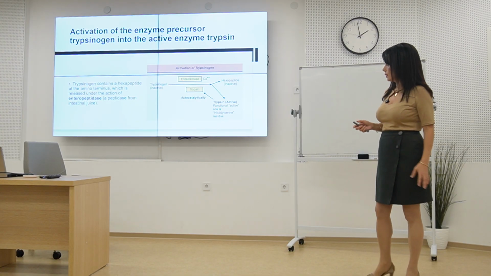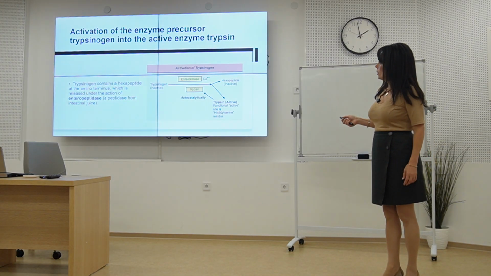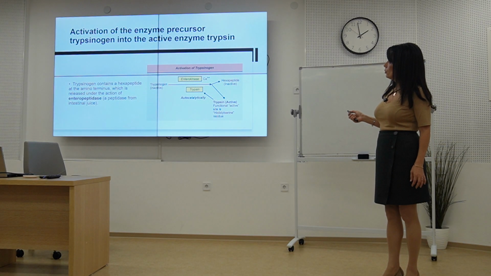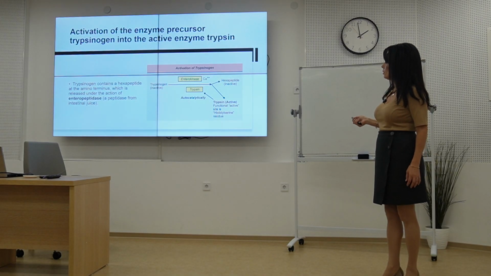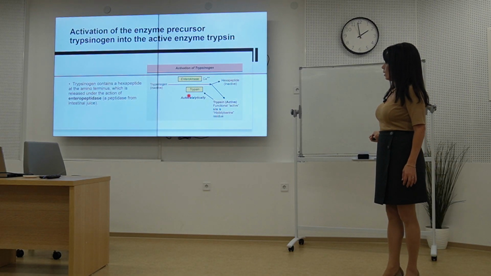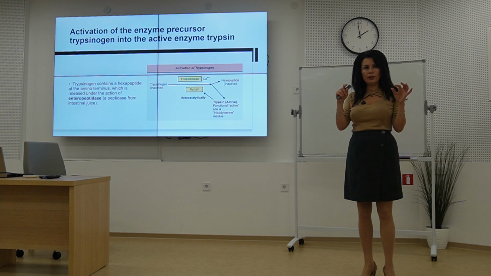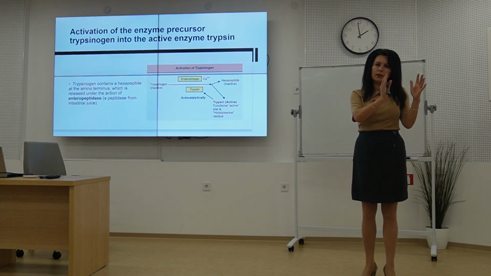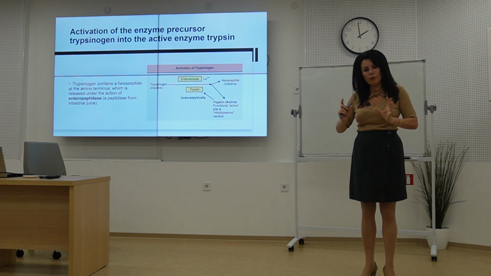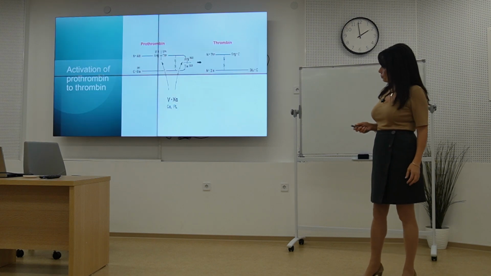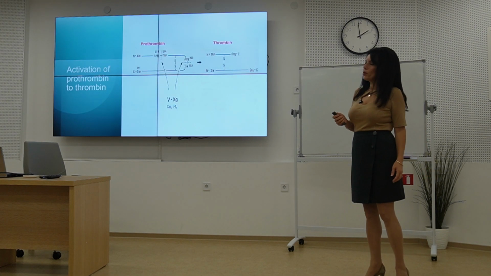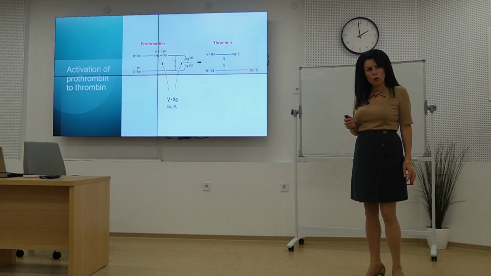Limited proteolysis. Here there is activation of the enzyme precursor trypsinogen into the active enzyme trypsin, by autocatalytic cleavage of the polypeptide chain in some part, after which the active site can be formed. The next example is formation of thrombin from prothrombin.